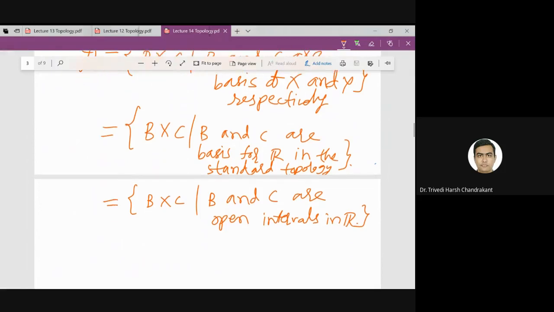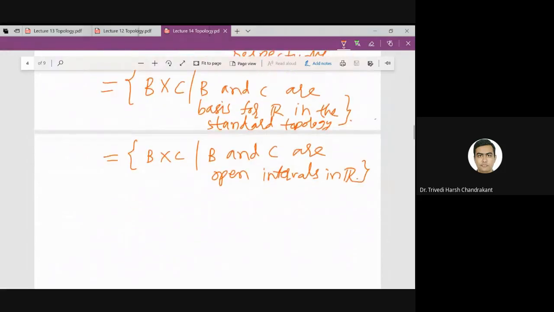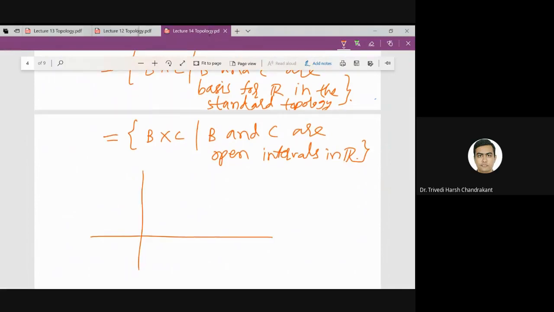Correct. So what you said is correct: if I take B an interval and C an interval, then B cross C is the rectangular region, right? Here I take an interval, here I take an interval, this is my B and this is my C, so B cross C is somewhat of this form.